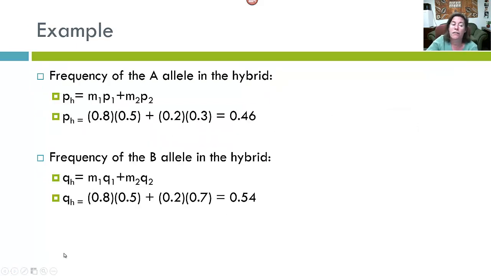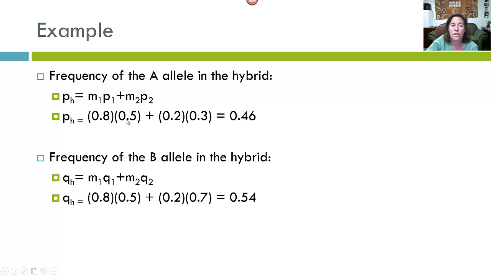So now we have to use that formula. PH equals M1 times P1 plus M2 times P2. This is the frequency of the dominant allele in the hybrid population. We take the numbers from the previous slide. This is the relative contribution of population 1, and this is the relative contribution of population 2.